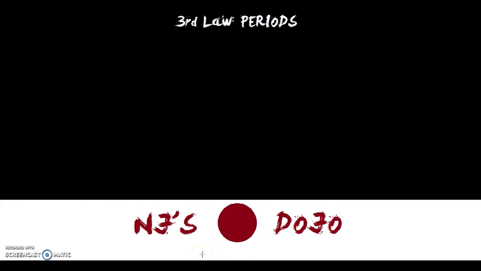Now the third law of Kepler is one of the most important laws because its formula can be used in different concepts in the field of gravitation. Now this involves periods. Kepler's third law states that the square of the period of a planet's orbit is proportional to the cube of the semi-major axis of the orbit.